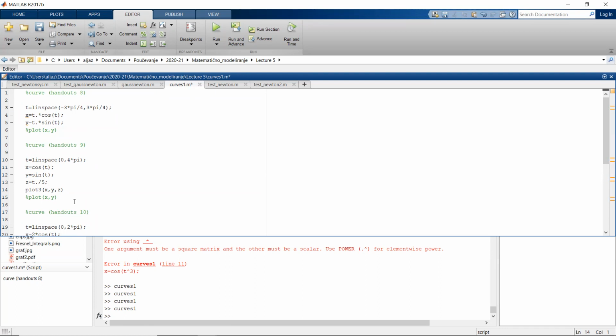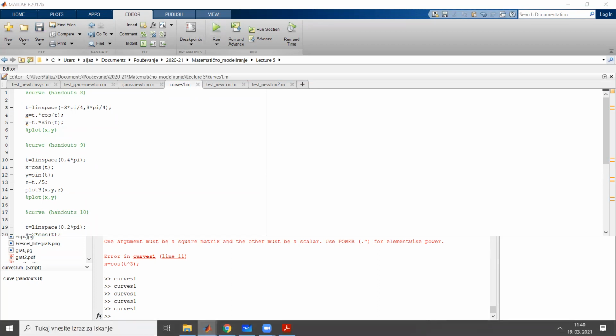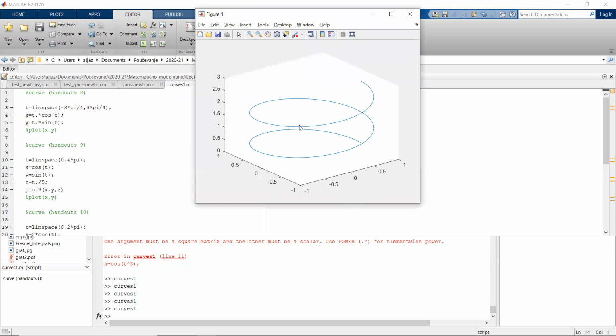So it will be as if I drag the circle in the third dimension, so we get a spiral. If I project this, I get only circles, but z grows, so we get a spiral.